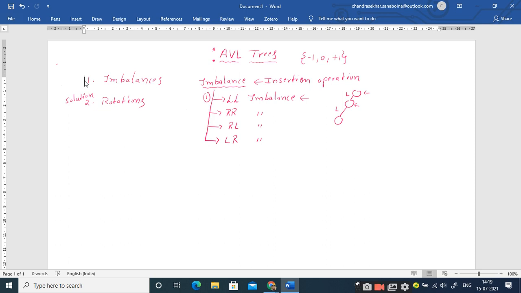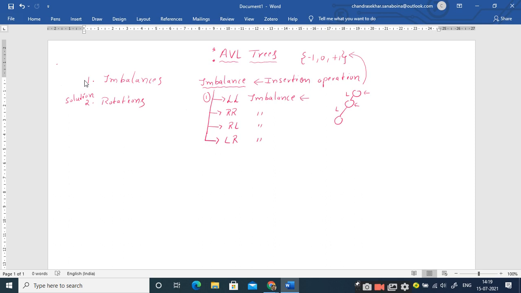When I try to insert a new node as the left child of a node which is already a left child of another node, and if the balance factors do not fall into this range, then we say that it has incurred the LL imbalance.